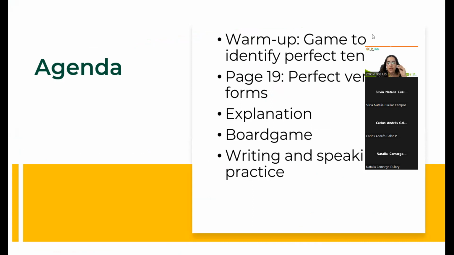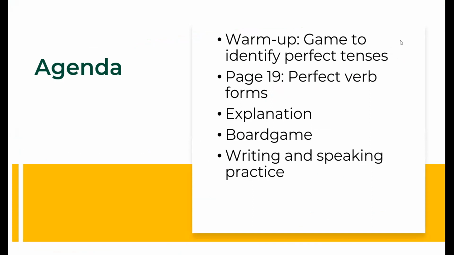First we're going to do a little short game to practice the perfect tenses, so you can identify the different tenses, either present, past, or future perfect. That is the first activity. Then on pages 18 and 19, we have the topics of the perfect verb forms.